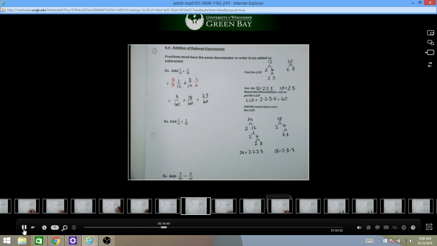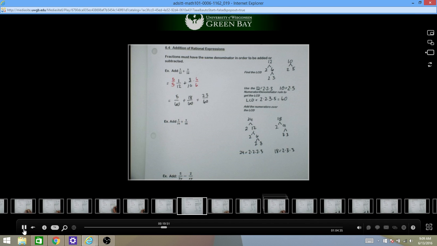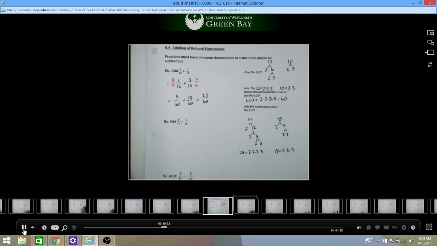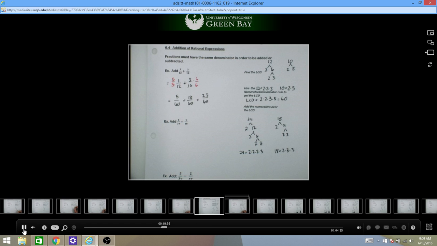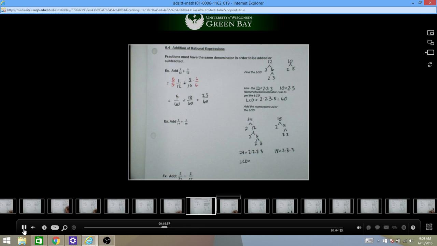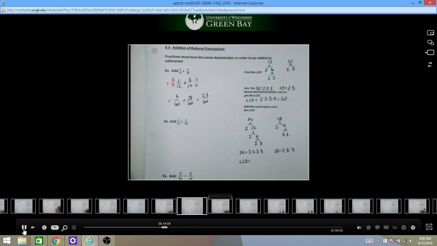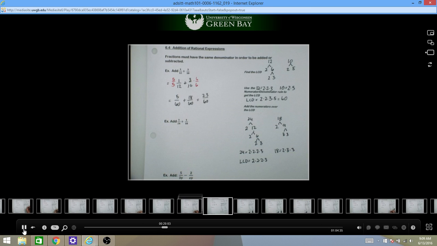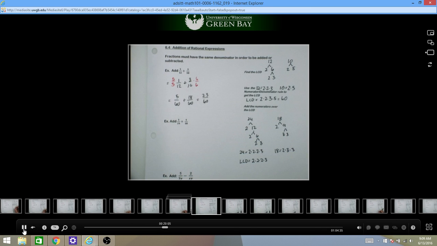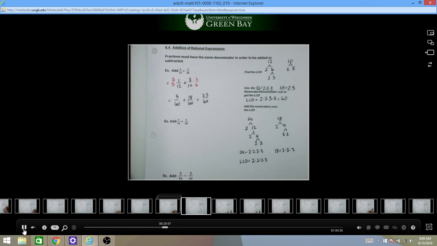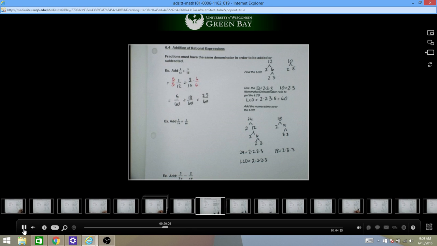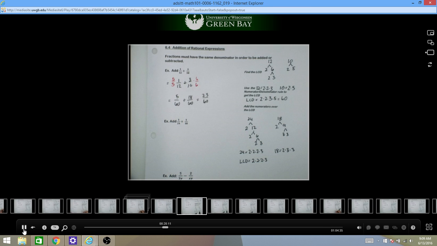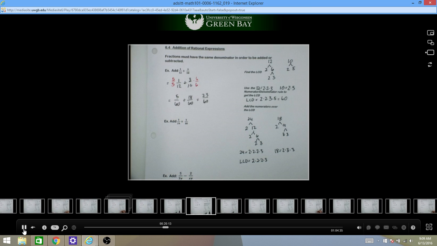So the least common denominator then is the smallest product that contains both denominators. So just write one of the products down. I'll just pick the first one, 2 times 2 times 2 times 3. And then examine it and see what it does not have that the other denominator does. The other denominator has a 2. I've got a 2. The other denominator has two 3s, 3 times 3.